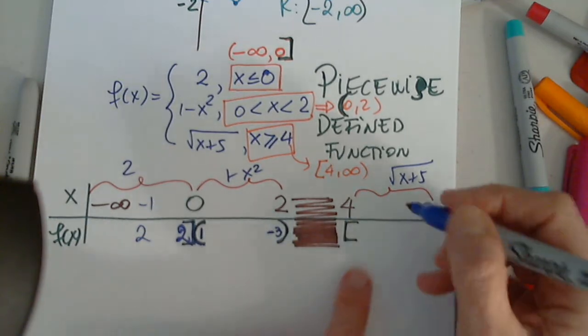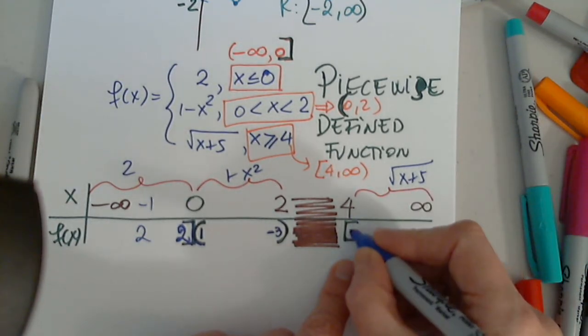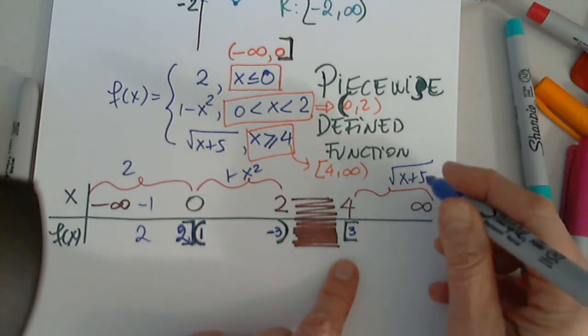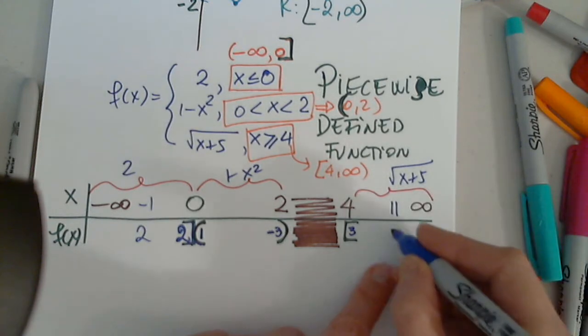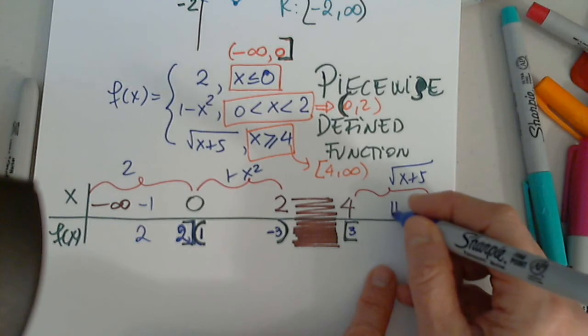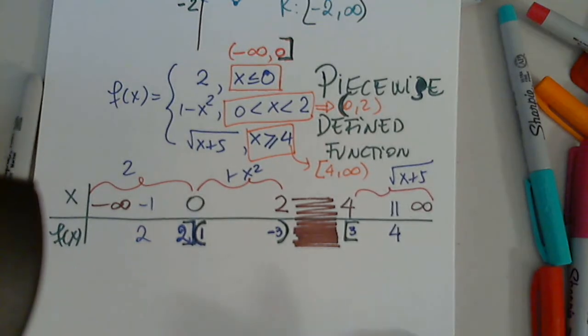Excellent. Okay, so now let's plug in 4 inside the bracket. I would write 9. The square root, I mean 3. Very good. Awesome. And let's pick another like 11. And what do I get? Why did I pick 11? Because I need a number that I can take the square root from. That would be 4. Excellent.